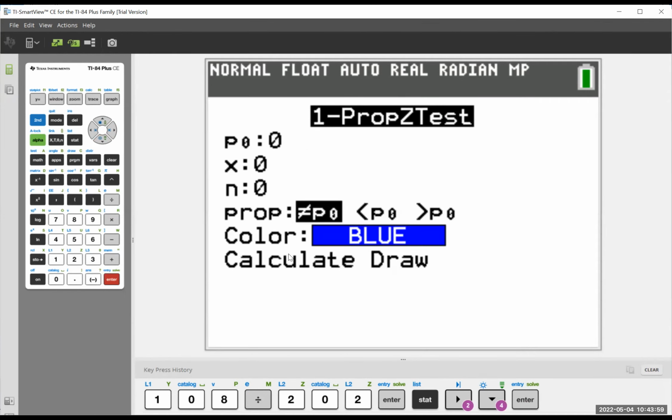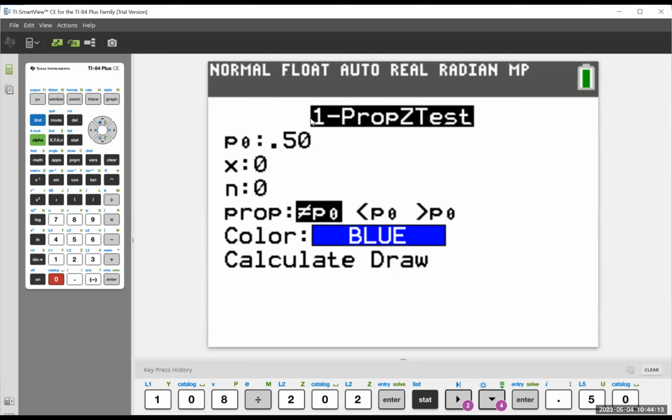Okay, so the 0.5 is not p hat. p0 is just the p that we identified in the null hypothesis, so that's going to be 0.50. And then the x, I'll just go back to the problem. It's 108, and the n is 202.